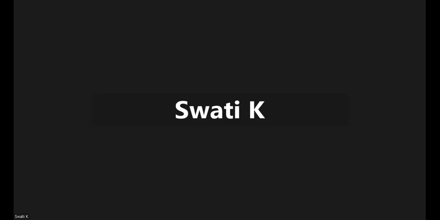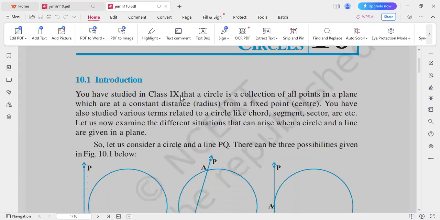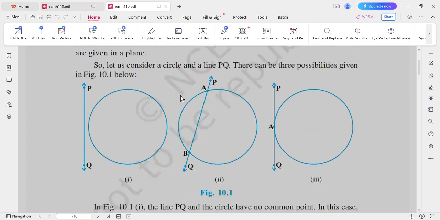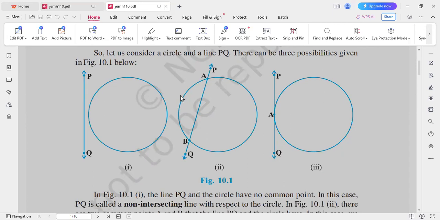So for that, let's go to the question. Today we'll be covering exercise 10.1. Of course, what I was talking about, you can see here, right, Manya? Yes. In figure 10.1, the first one, the line PQ and the circle have no common point. In this case, PQ is called a non-intersecting line.